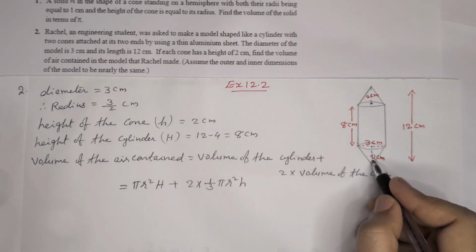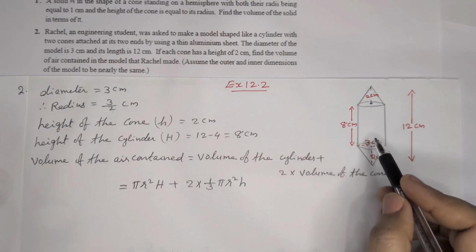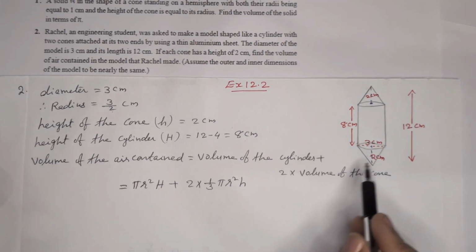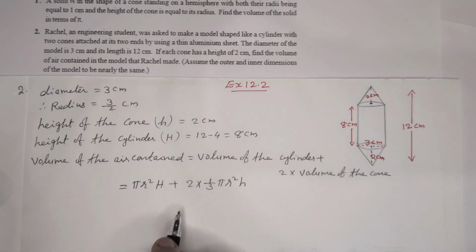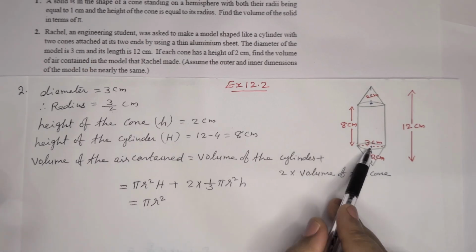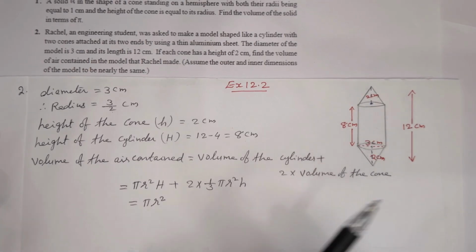Height is different for the cone and cylinder. Cylinder we will mark that as capital H, 8 centimeter, and small h for the cone. From here we can take pi r square as common. Radius is same for the cone and cylinder.